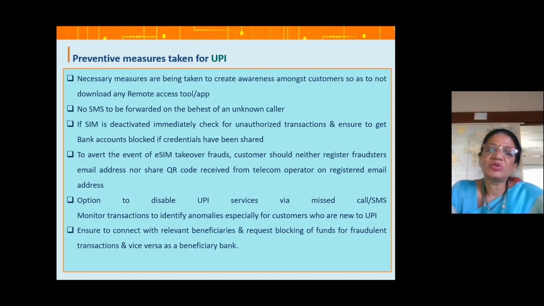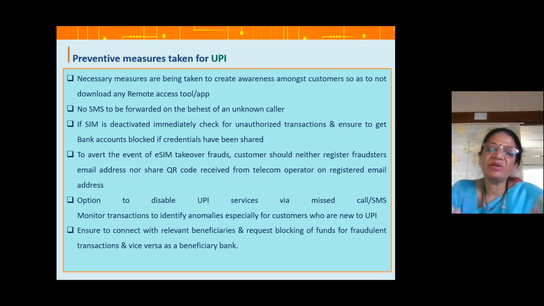There is an option to disable your UPI service via missed call or SMS, and please monitor your transactions for any anomalies, especially customers who are new entrants to UPI.